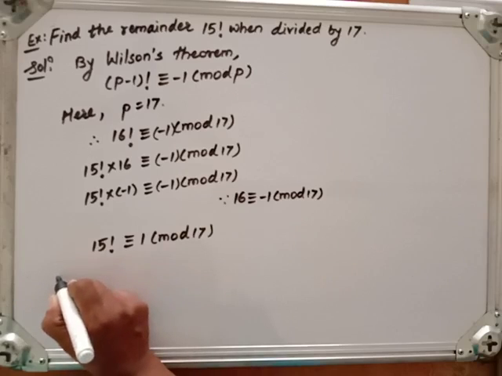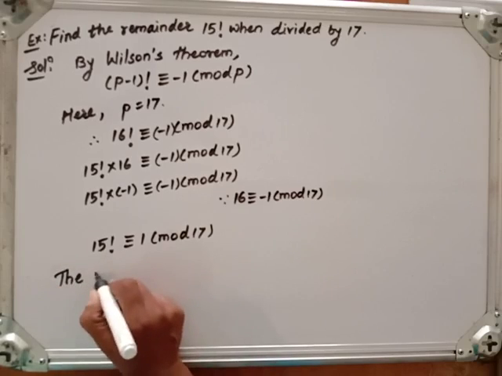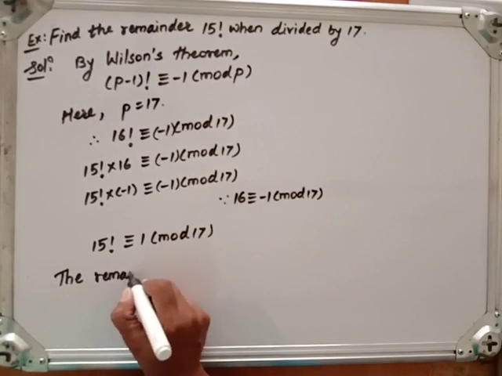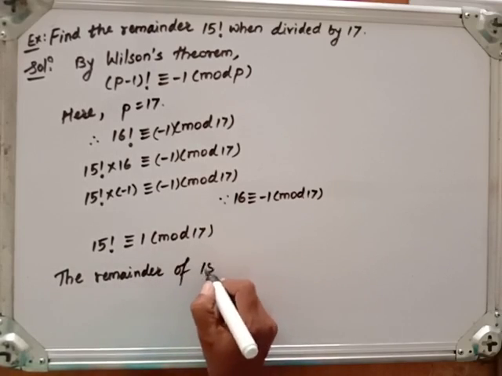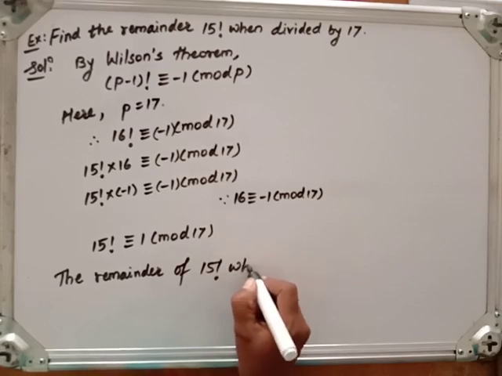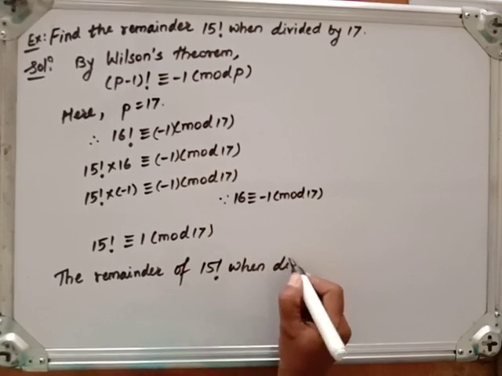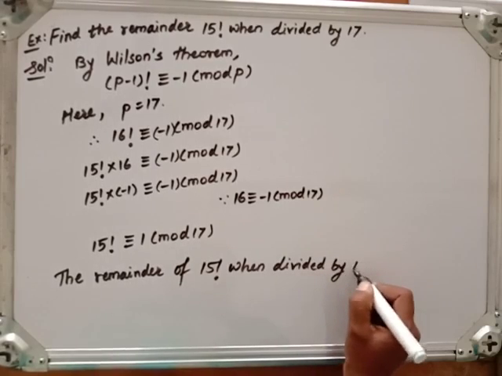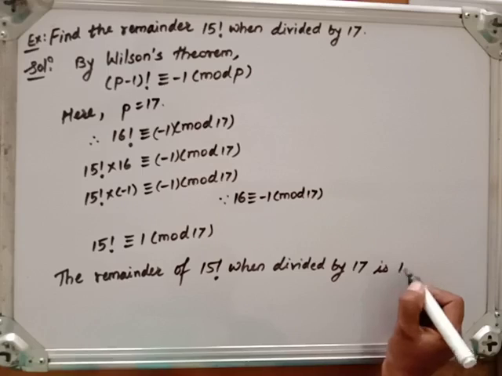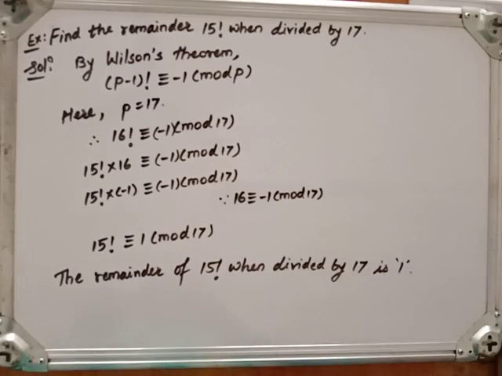So we can say here the remainder of 15 factorial when divided by 17 is 1.